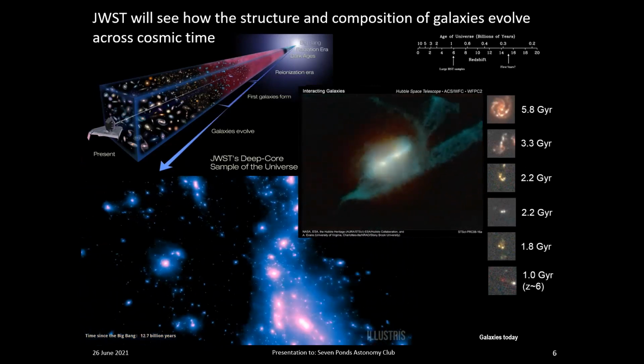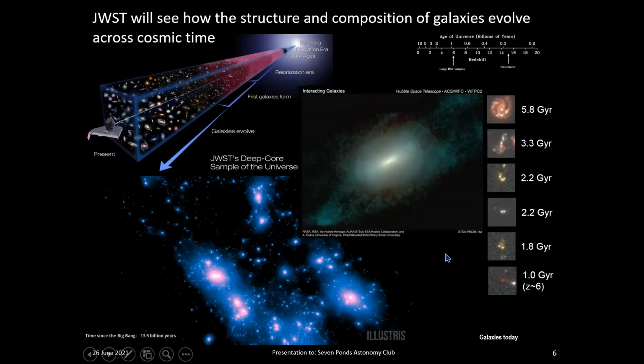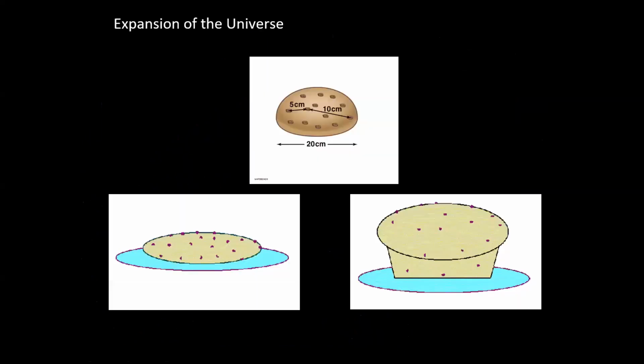And we think that in the early universe, collisions like this happen more frequently, and that this is perhaps the reason why a lot of the primeval galaxies have very irregular morphologies. But with JWST, we'll really be able to explore this across cosmic time.